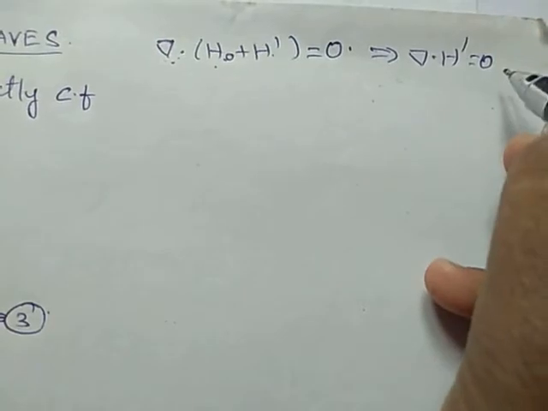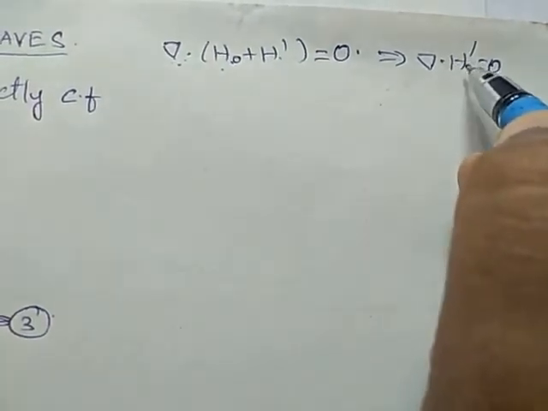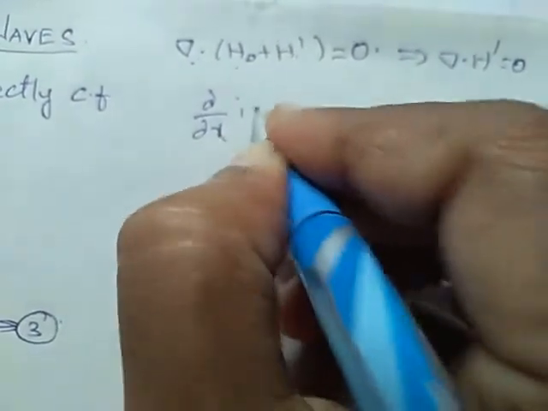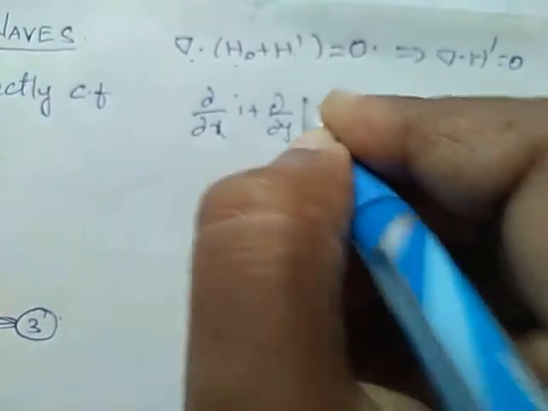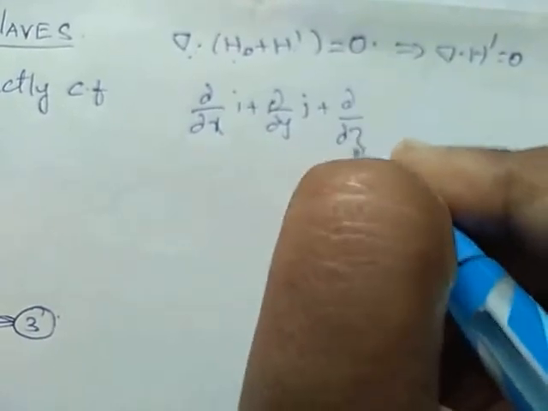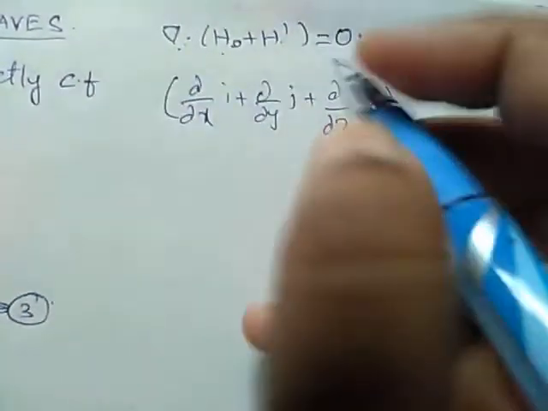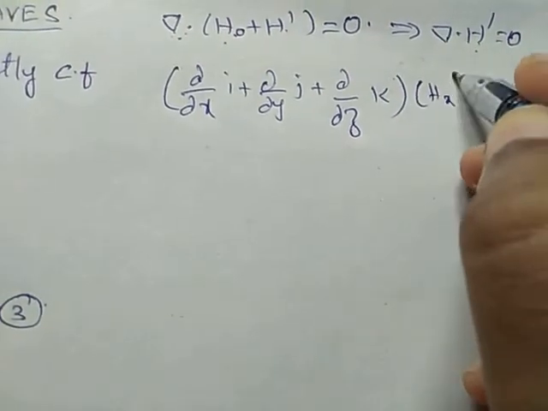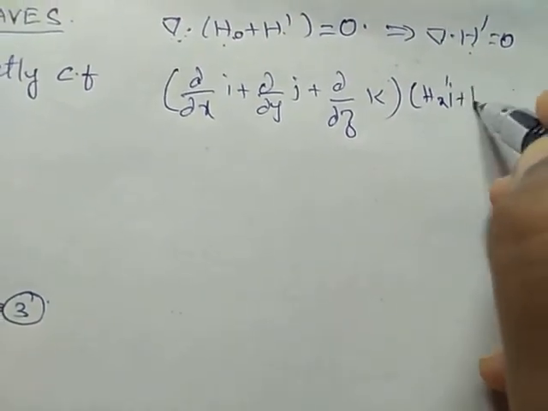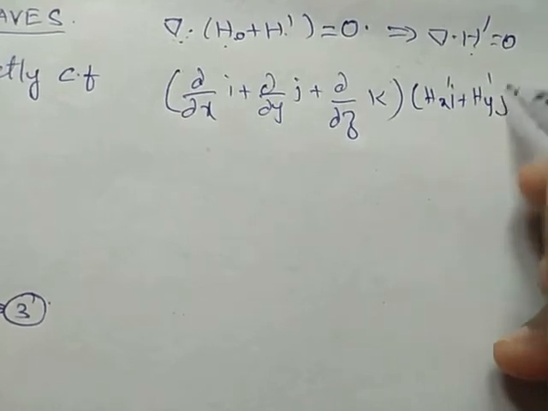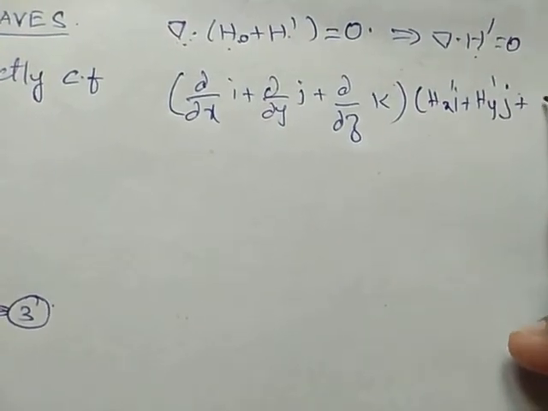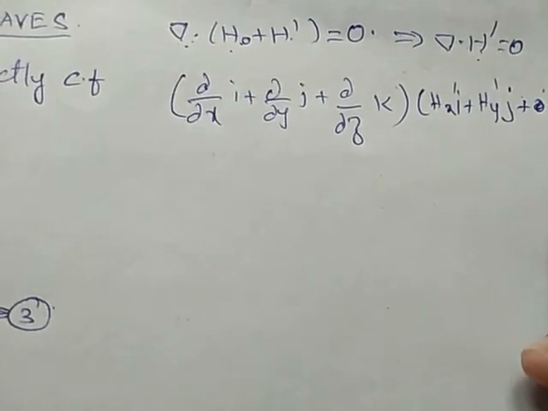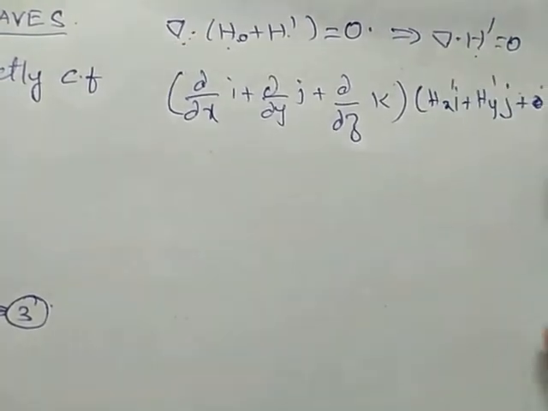This is one of our equations. And what is our del and h dash? Del is dou by dou x i plus dou by dou y j plus dou by dou z k. What is h dash? hx dash i plus hy dash j, and we don't have a k term. In h naught also we don't have a k term.